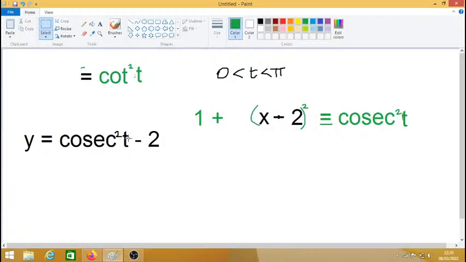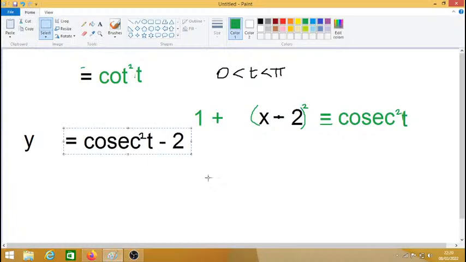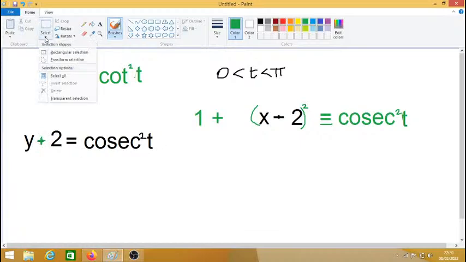Okay, good. Let's do the same with the y equation. So let's take the minus 2 across. Here it should be a bit easier because I don't need to do anything to square it. So I've just got y plus 2 is equal to cosec squared t, and that is an exact match.